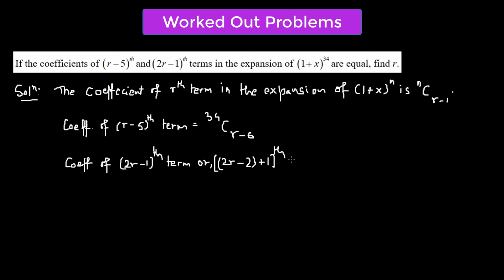That's the same thing. That will be equal to 34C(2r - 2). So this is our equation number 1, and this is equation number 2.